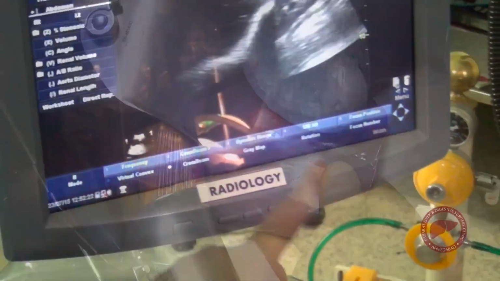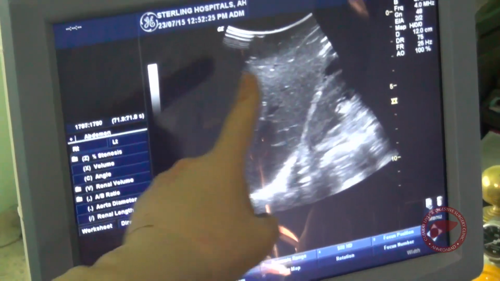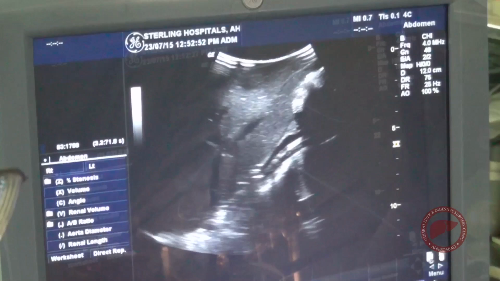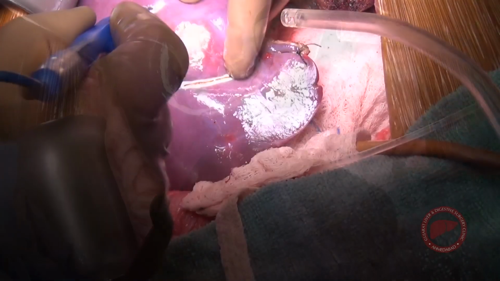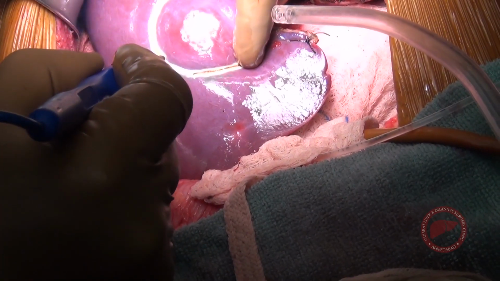An intraoperative ultrasound was performed, as you can see here. The line of transection for the metastasectomy was marked with the help of diathermy.